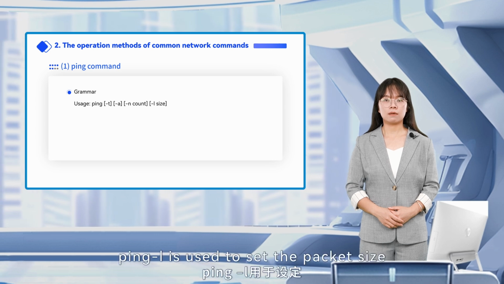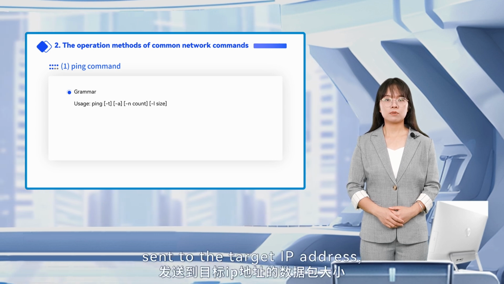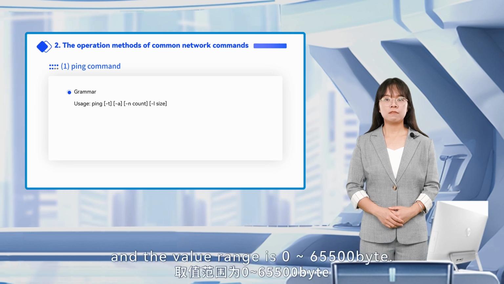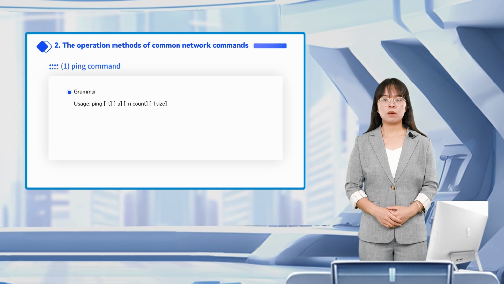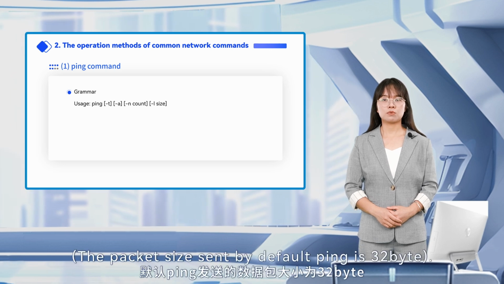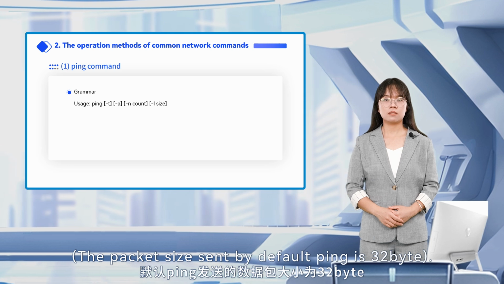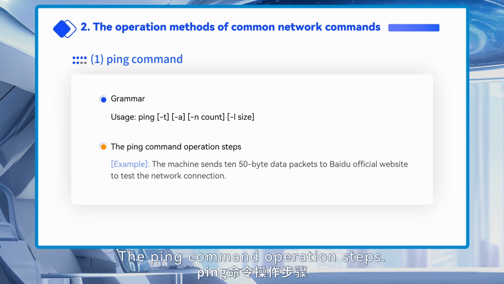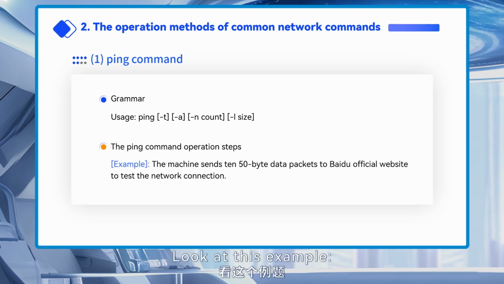Ping -l is used to set the packet size sent to the target IP address, and the value range is 0 to 65,500 bytes. The packet size sent by default ping is 32 bytes. The ping command operation steps. Look at this example.